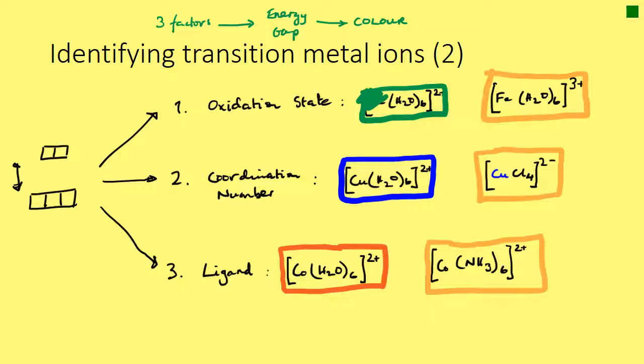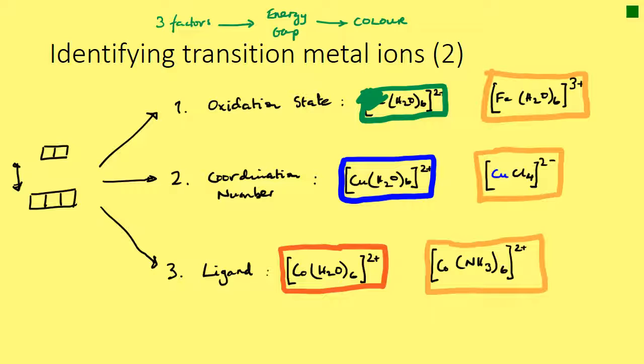So let's highlight that in yellow. That one's yellow because it's 3+, and the first iron aqua complex, 2+, was pale green coloured. And so that is oxidation state.